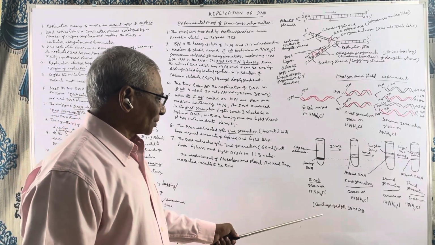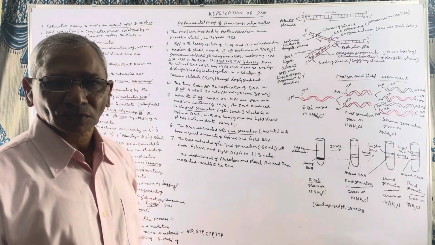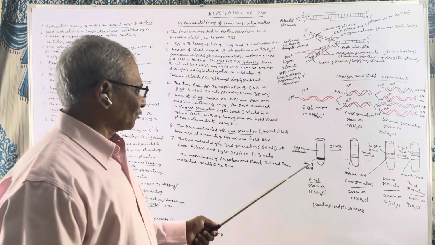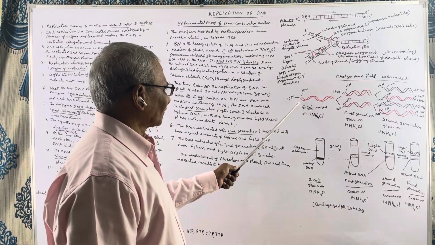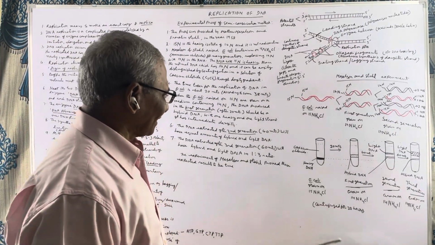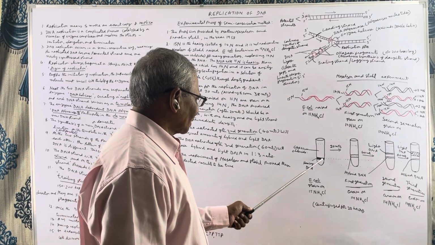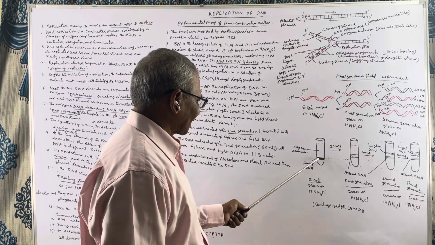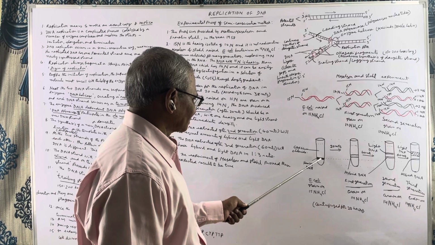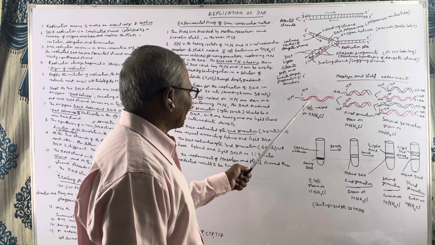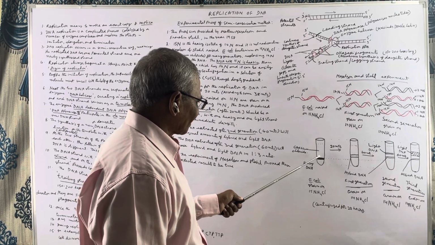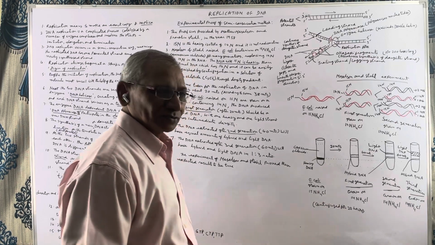They are centrifuged for about 20 hours. When they centrifuged the DNA from this E. coli raised on 15N, they got a sediment here like this, at this level. So the heavy DNA settles down here, forming a band-like structure.